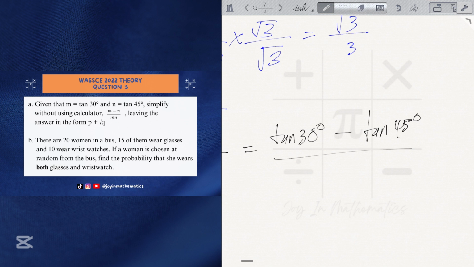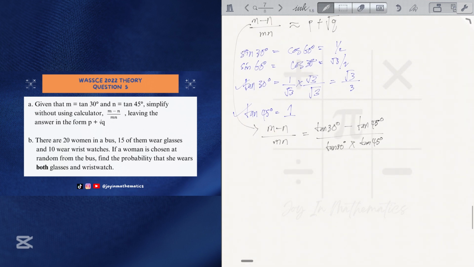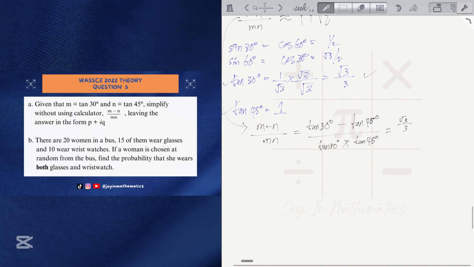So we have it divided by tan 30 multiplied by tan 45 degrees. So we'll just make our substitution of tan 30 and tan 45. Tan 30 is equals to root 3 over 3, just as we have here, and tan 45 is equals to 1. So we have also root 3 over 3 multiplied by 1.